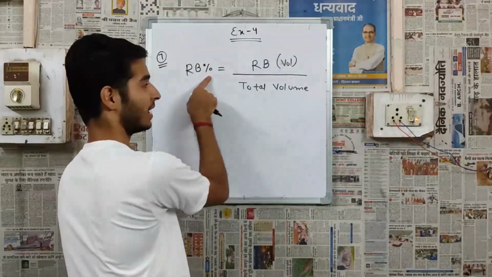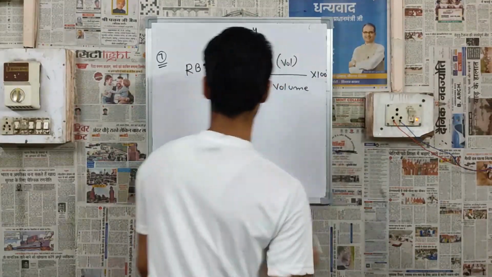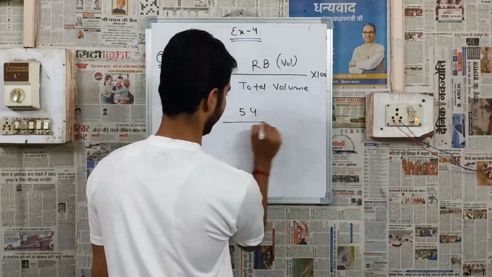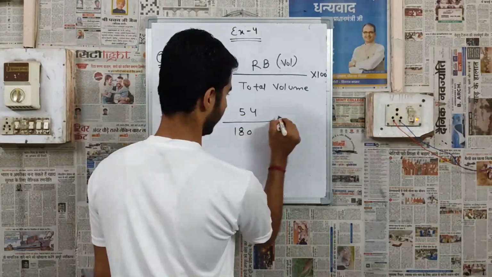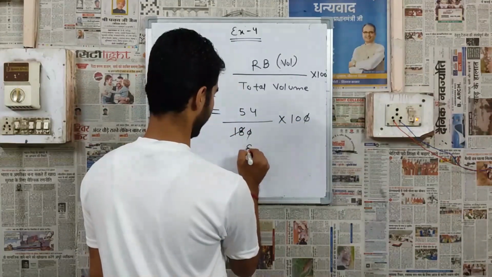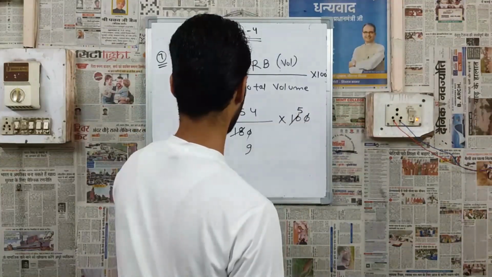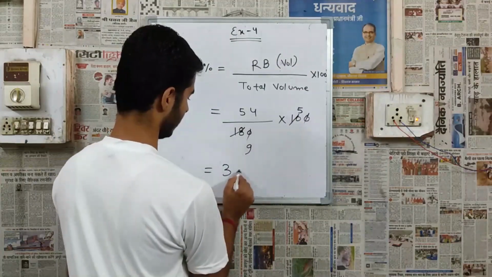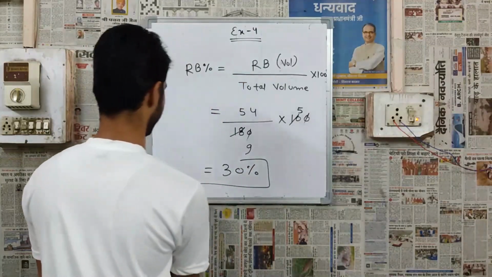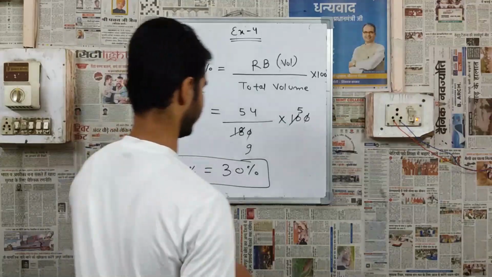Now to find the percentage, you have to multiply your answer with 100. So reserve buoyancy is 54 divided by 180 multiplied by 100. So it is almost 30%. Yes, it is almost 30%. Reserve buoyancy percentage is 30%.